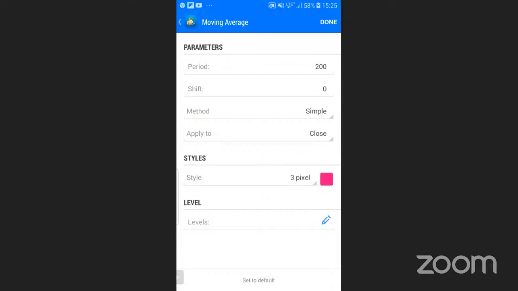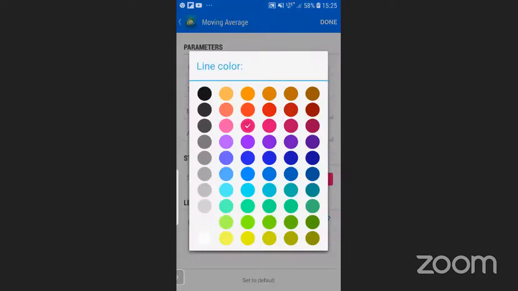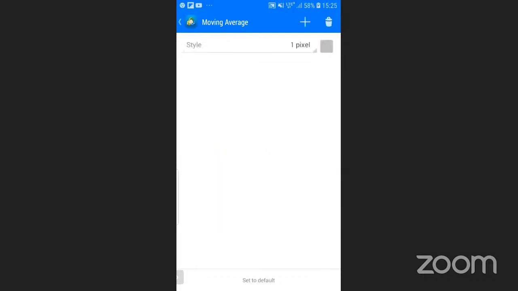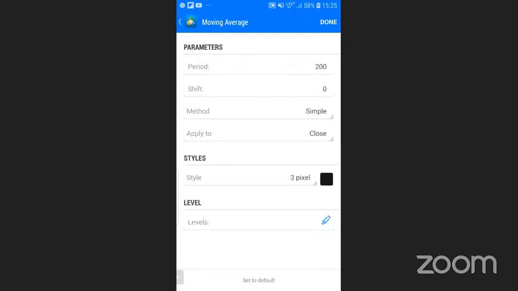So I do this. Style. Style is just the color. You can decide to choose any color of your choice. You can decide to choose black. Since I have a white background, I will choose black. Okay, so levels. What is in levels? Nothing. So let's leave levels. Then done. Click on done.